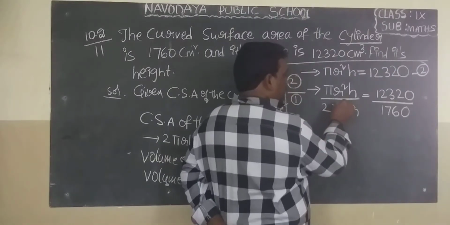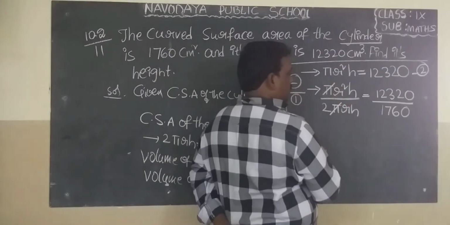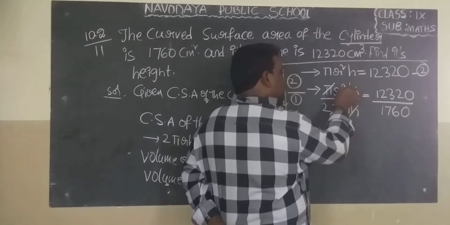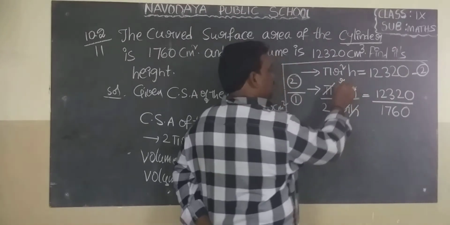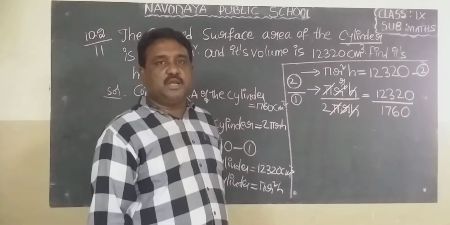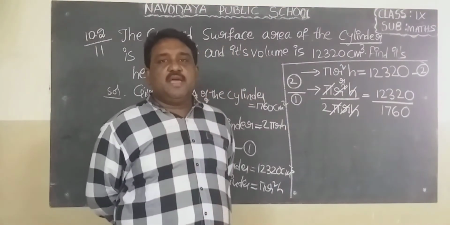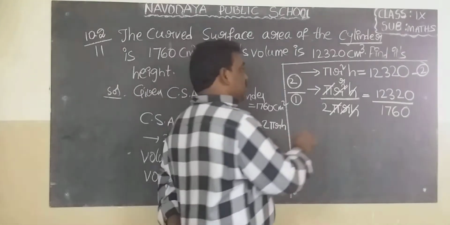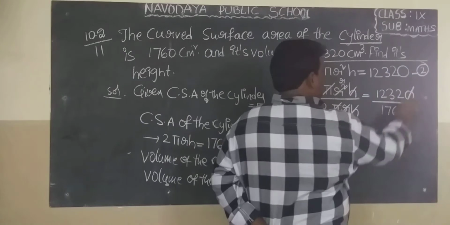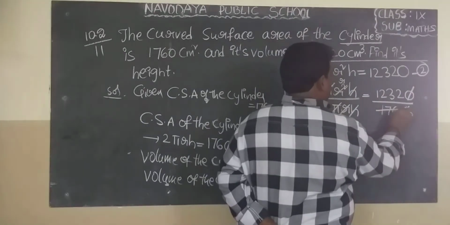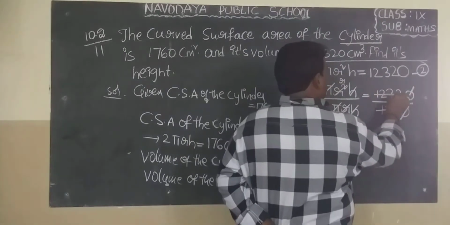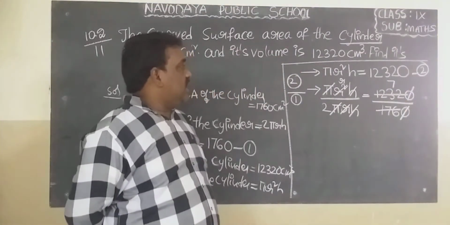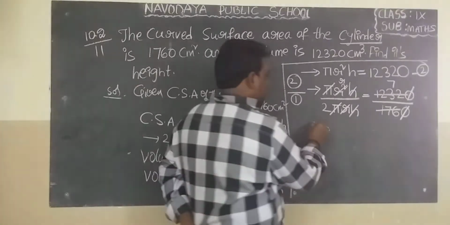Cancellation. Pi cancel. H cancel. R square, r times. See, the cancellation is important. Zero cancel. Then 176 into 7 is 1232, so 7 times. What is left?